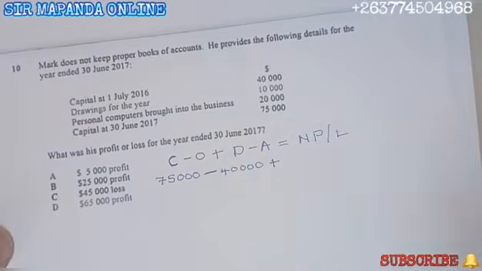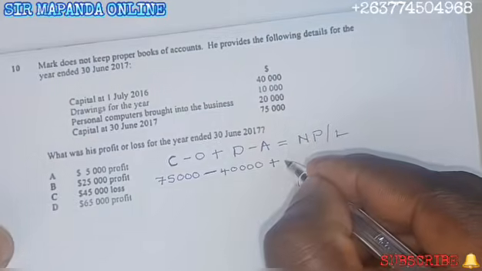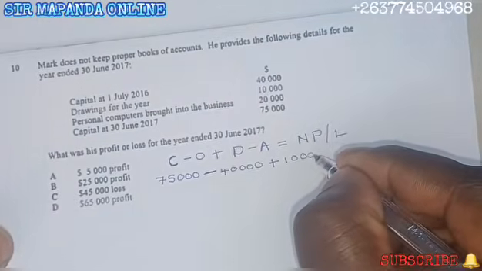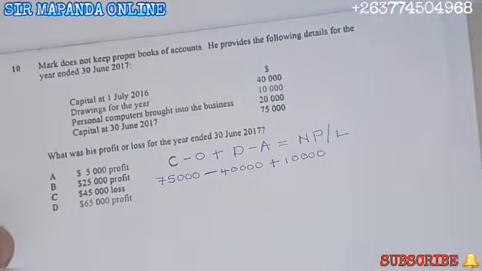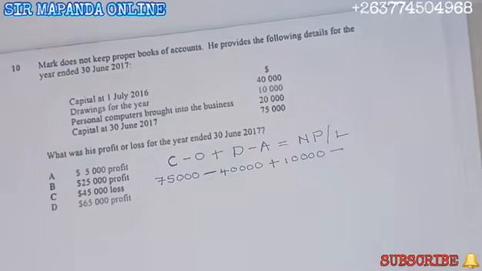D stands for drawings. Drawings for the year are given as 10,000. So I'm going to add 10,000. Then you subtract what you call additional capital. Additional capital comes when the owner of the business gives either a motor vehicle or cash into the business from his private resources.